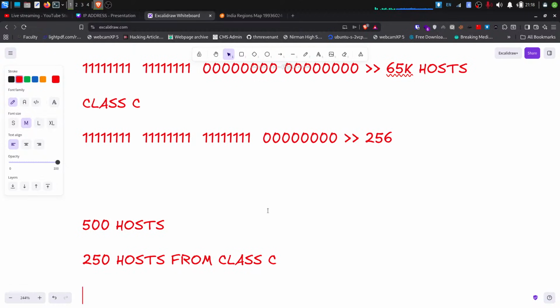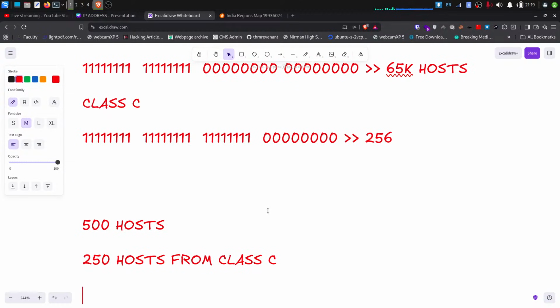Then we shall borrow bits from the network chunk bits. If we use class B, then many of ours will be wasted. Correct. So we use class C two times. Class C two times. Please comment down your views.